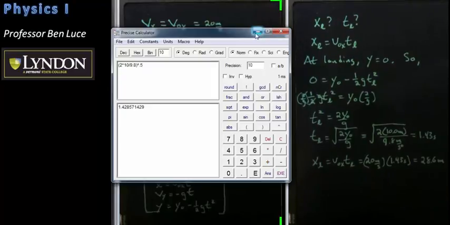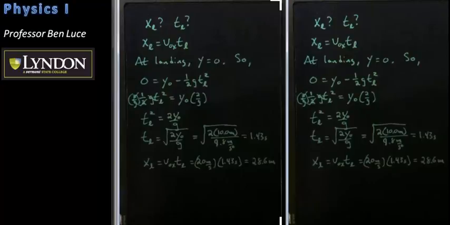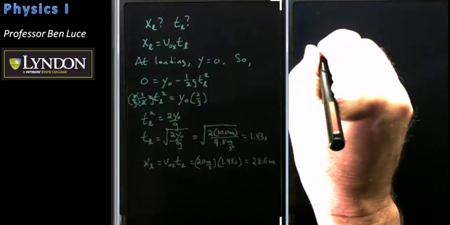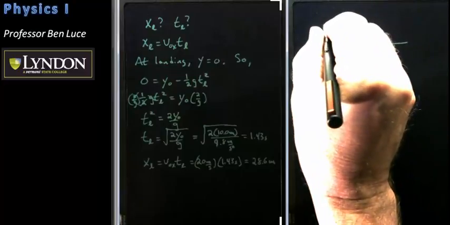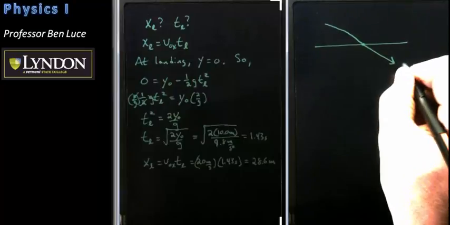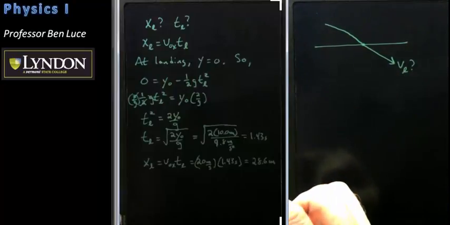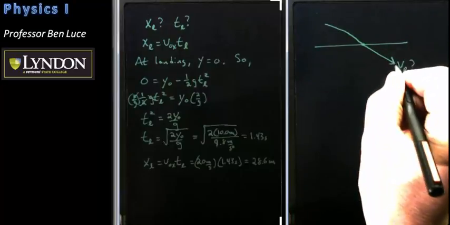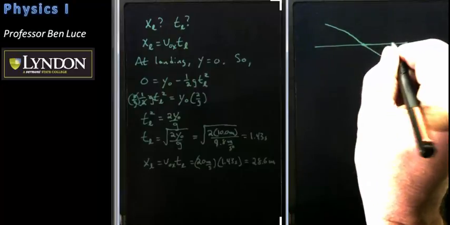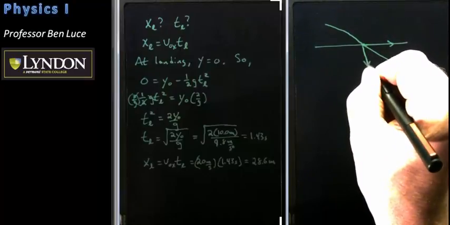Okay, now we need to compute the landing speed. So our projectile comes down and hits the ground with some final velocity, or the landing speed. And the landing velocity is a vector, so it breaks into the 2 components as usual.